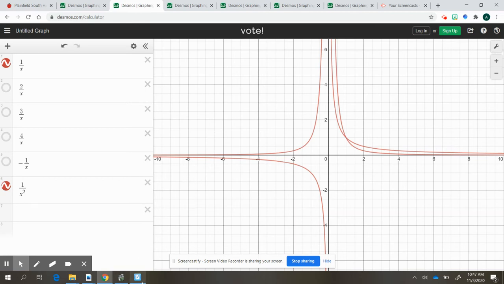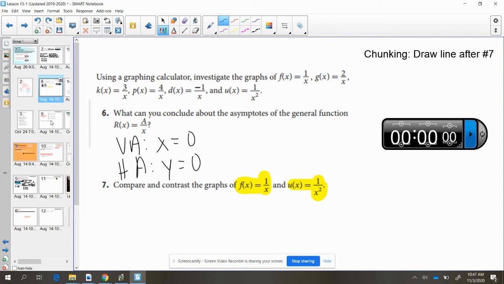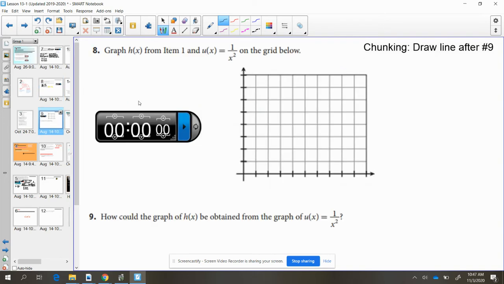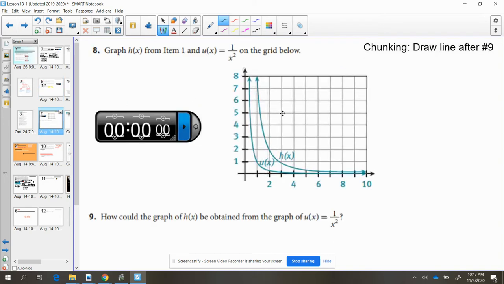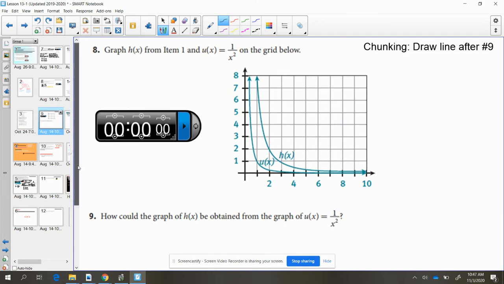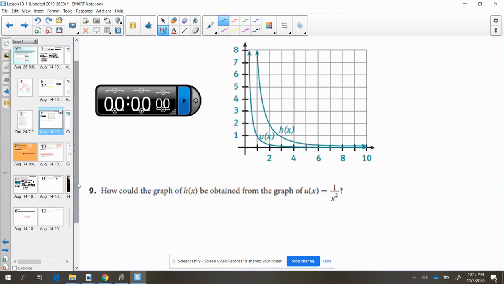Now, if we jump back to number 8, if we graph h of x from the first page and then 1 over x squared on this graph, if we look at these two as a transformation of each other, officially they are. Our graph on the first page was represented here.